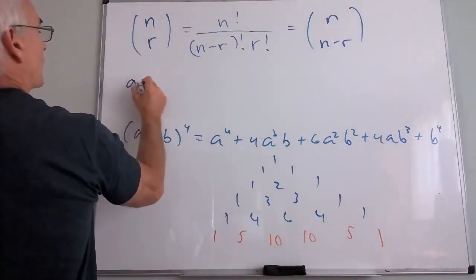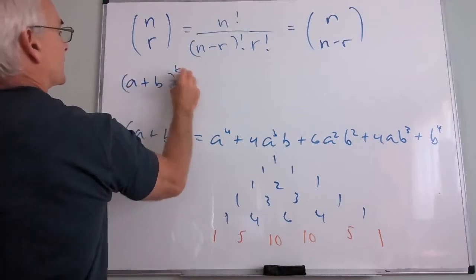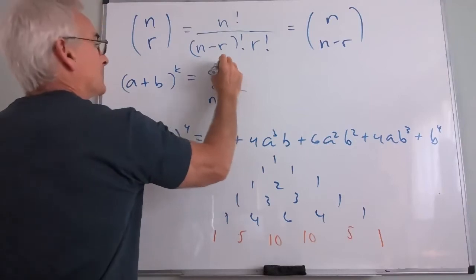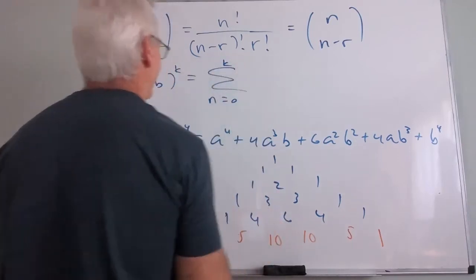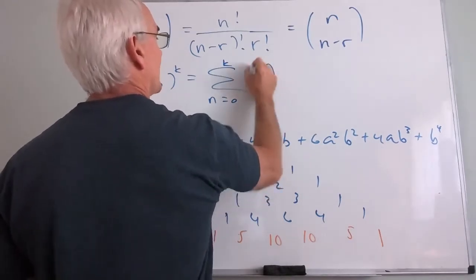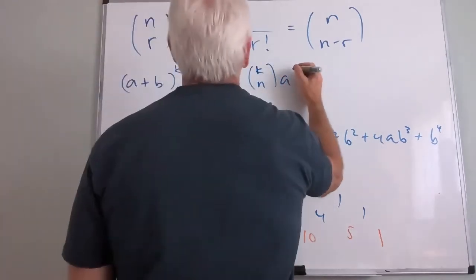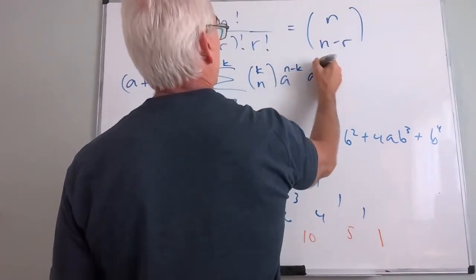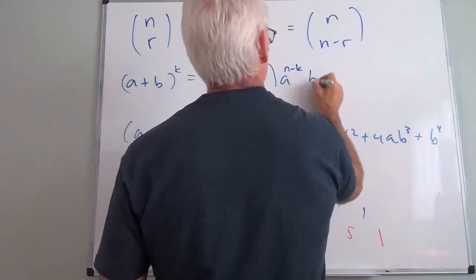There's a formula for (a + b) raised to the k power, and the formula goes like this. It's the sum from n equals 0 to k, not infinity, of k choose n, a to the k minus n, b to the n.